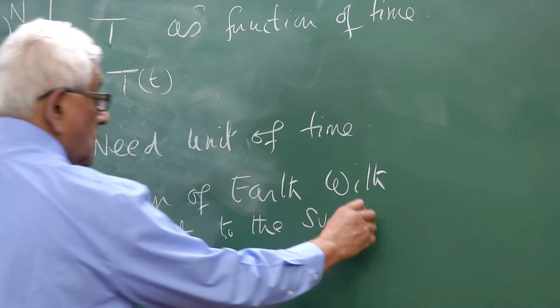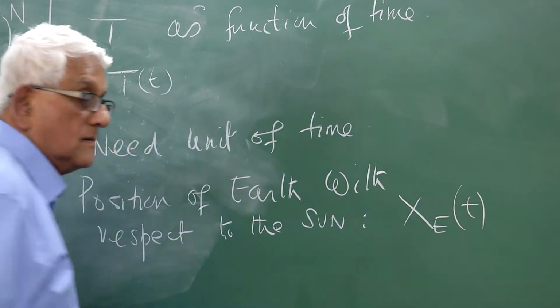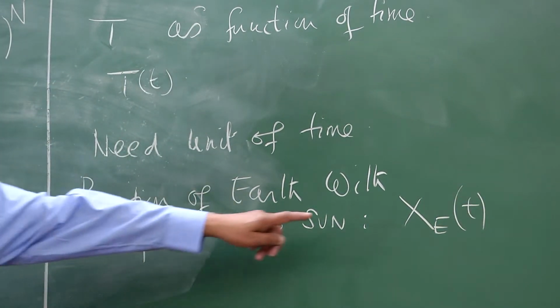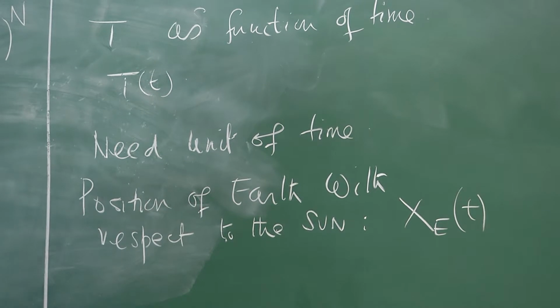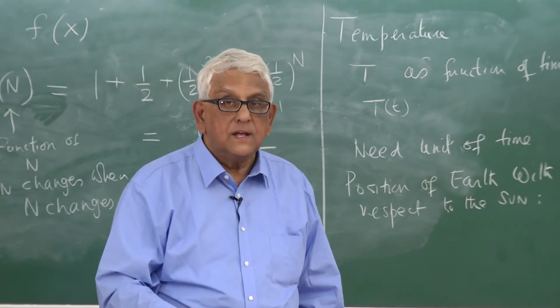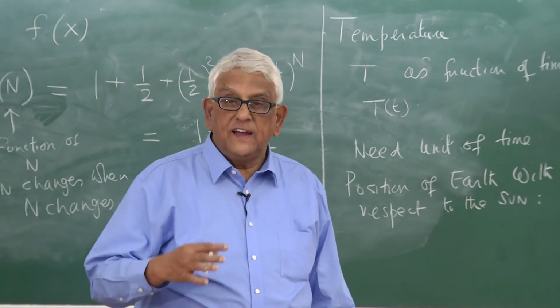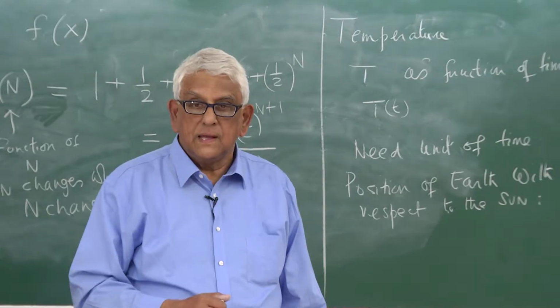So it will be x Earth of t. Right? So you may need more than one variable, but you get the idea that this is something which changes with time. So the idea of a function is a very, very powerful idea.